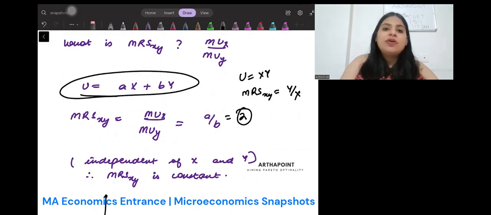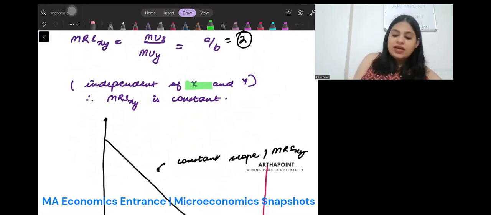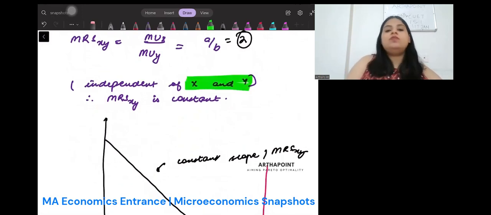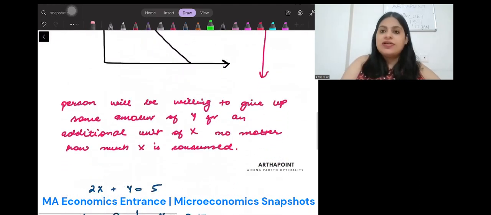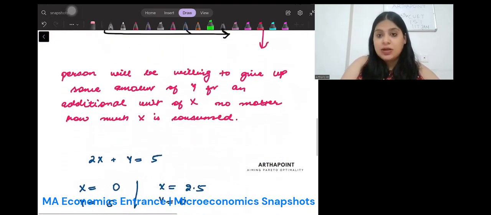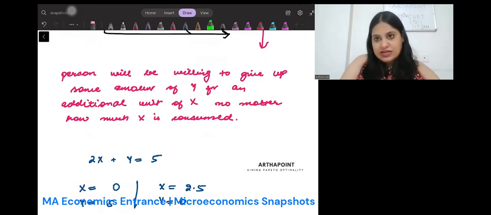So one property of perfect substitutes is that it has a constant MRS, which is independent of X and Y. Now, what does a constant MRS mean? What does a constant slope mean? A constant slope basically means that the person will be willing to give up the same amount of Y for an additional unit of X, no matter how much Y and X he has.